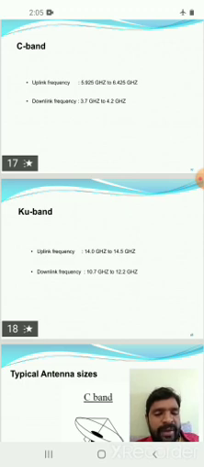For Ku band, the uplink frequency is 14 GHz to 14.5 GHz, and the downlink frequency is 10.7 GHz to 12.2 GHz. So the uplink frequency is taken as approximately 14 GHz and the downlink frequency as approximately 12 GHz for Ku band.